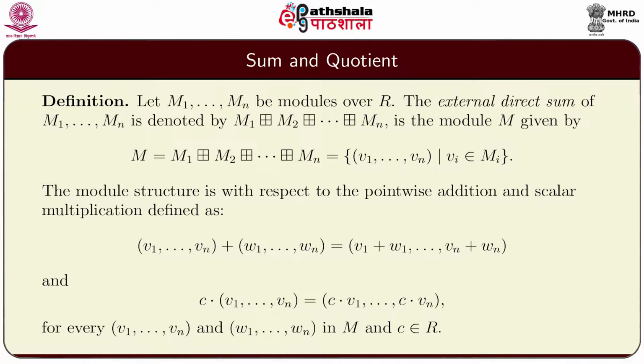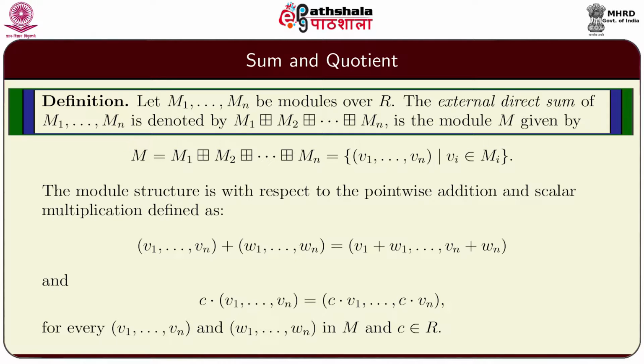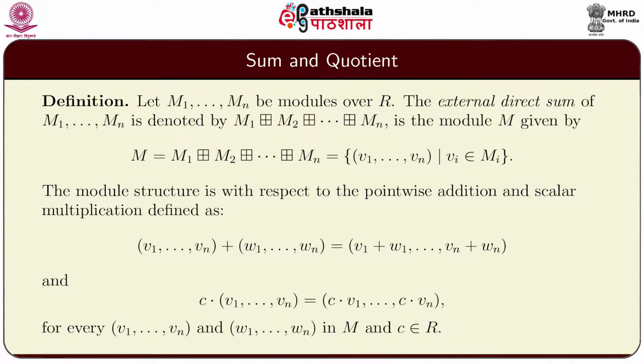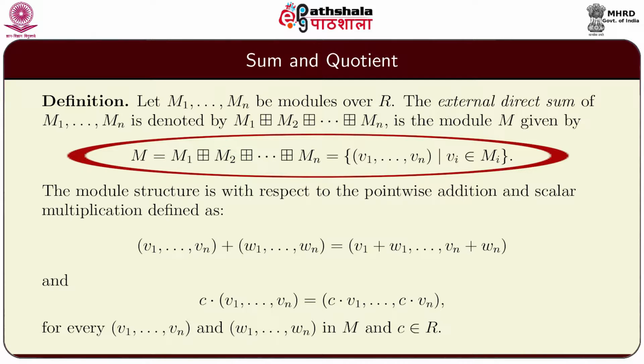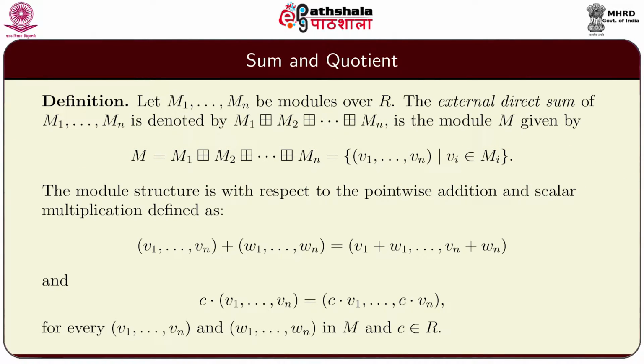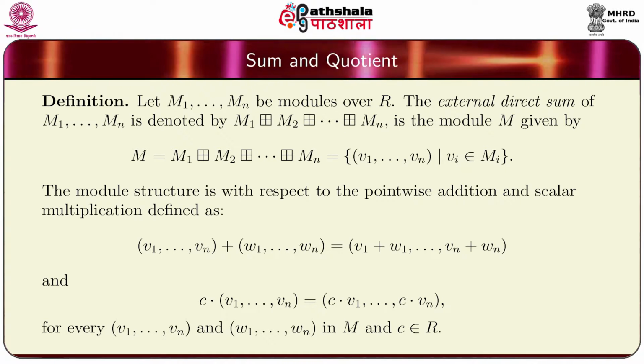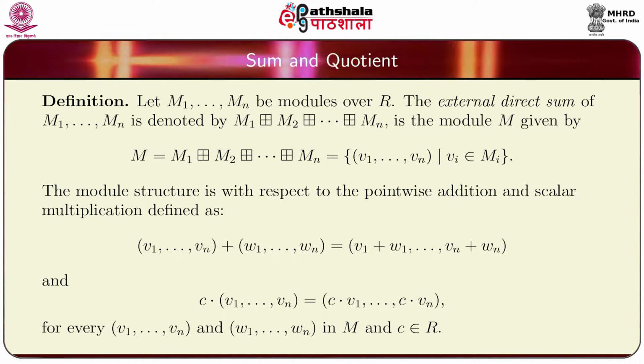Definition: let M1, M2 and so on Mn be modules over R. Then the external direct sum of M1, M2 and so on Mn is denoted by M1 box plus M2 box plus and so on box plus Mn, where the underlying set is nothing but the Cartesian product of these modules, that is M1 cross M2 and so on Mn, the set of all n-tuples of the form V1, V2 and so on Vn, where Vi's are in Mi's.